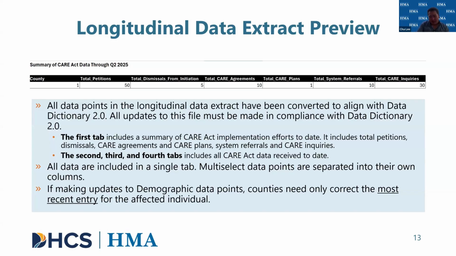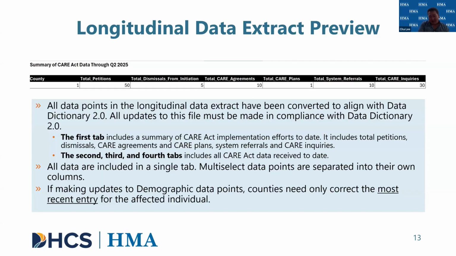And for this file, we just want to tell you what will be inside. When you open it up, on the first tab we provide basic statistics on all the data you submitted to HMA. The second, third, and fourth tabs are the data tabs: you have your petition individual, your system referral, and your care inquiry data. On each of these tabs, all data are included in a single tab.